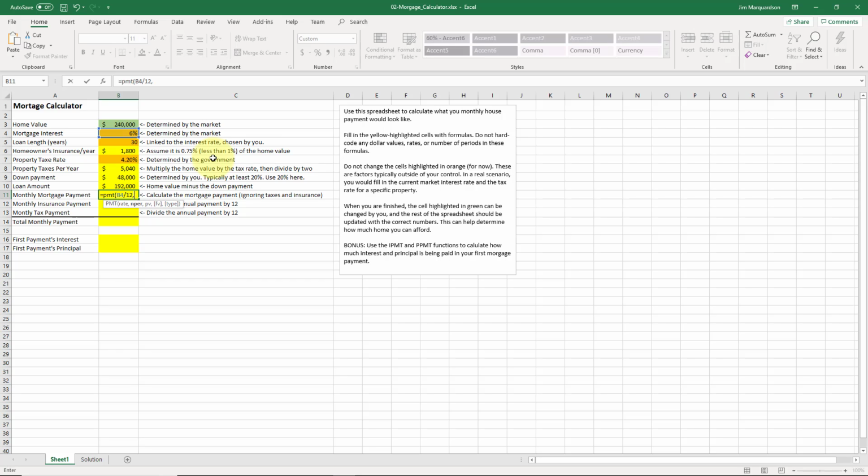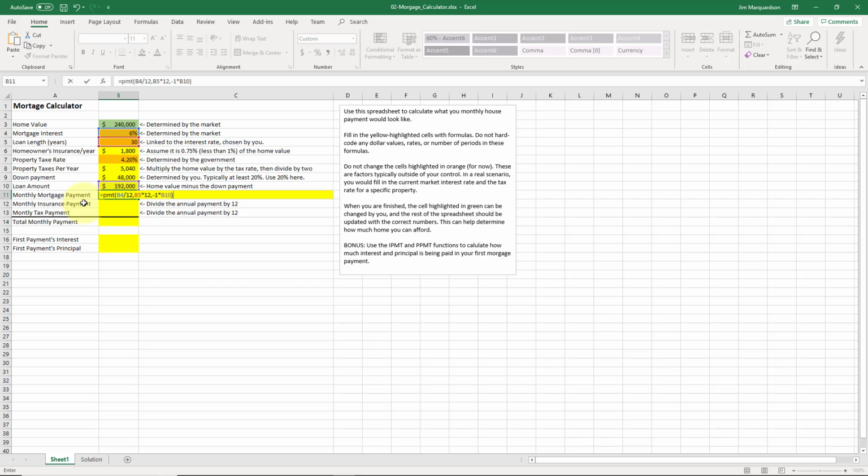The number of periods will be the loan length in years times 12. The present value is going to be the value of the loan. I want this output to be a positive number, so I'm going to put this present value as a negative number. So I'm going to say -1 times the loan amount.